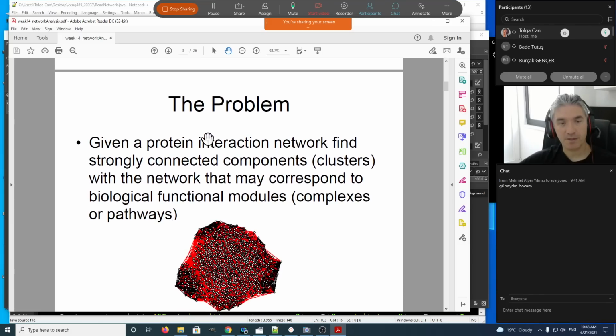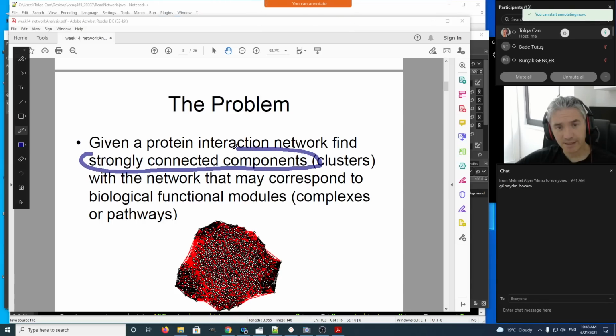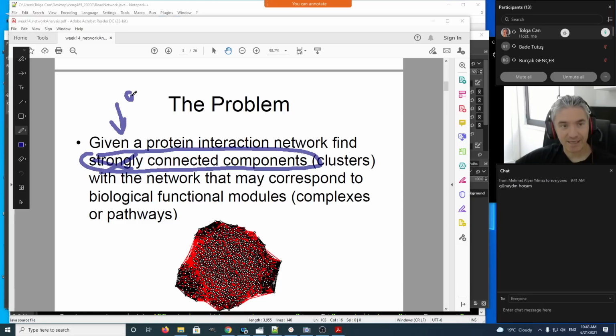So the problem given to us is, given a protein interaction network, find strongly connected components. Actually, this term is not used correctly here. Strongly connected component is a graph theoretic term which is defined on directed networks. What I want to say here is not strongly, it's densely connected subgraphs.